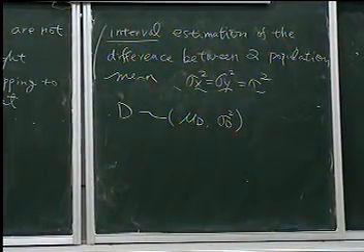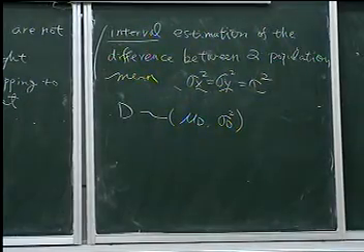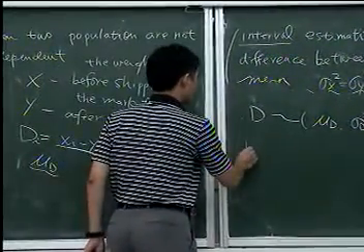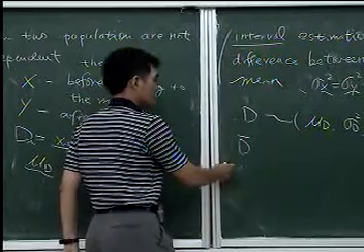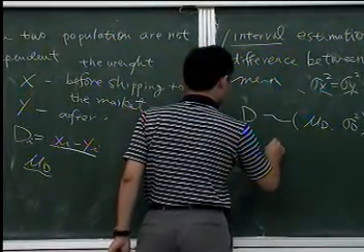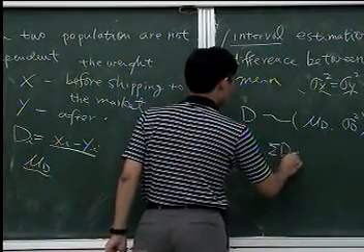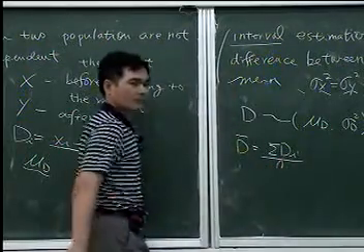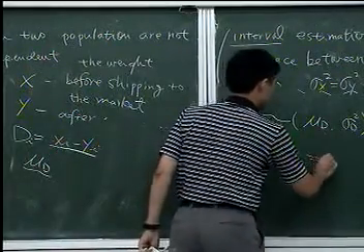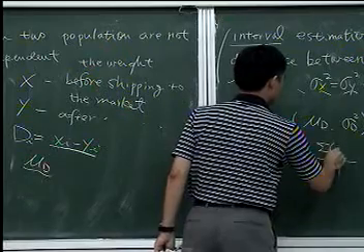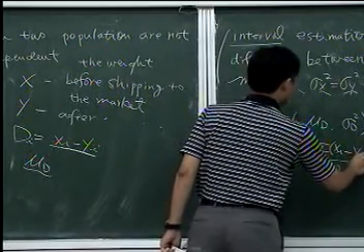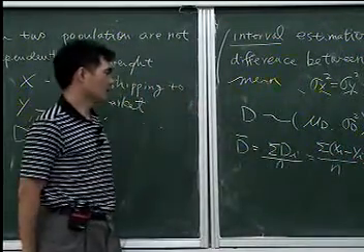And so how to calculate them? As a matter of fact, it's just easy, right? So we have d bar equal to the summation of di divided by n. And what is this? This is the summation of xi minus yi, okay?